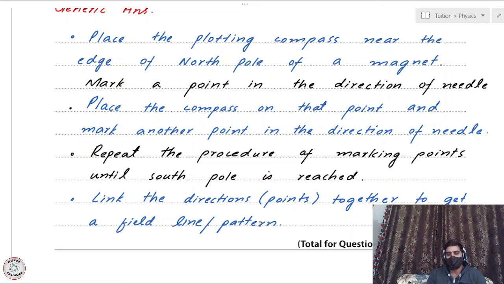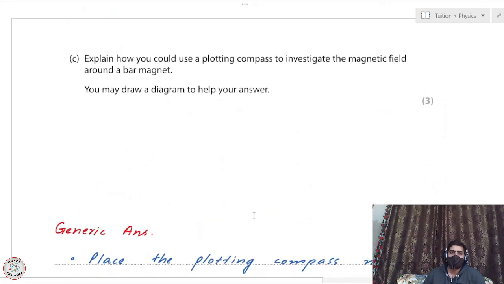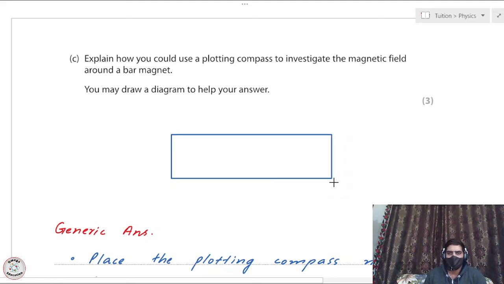Then you can start moving from the lower side, and you get another field line by joining all the points, and that way you get the magnetic field around a bar magnet. Okay, it is always recommended to draw the diagram. It's not difficult at all.